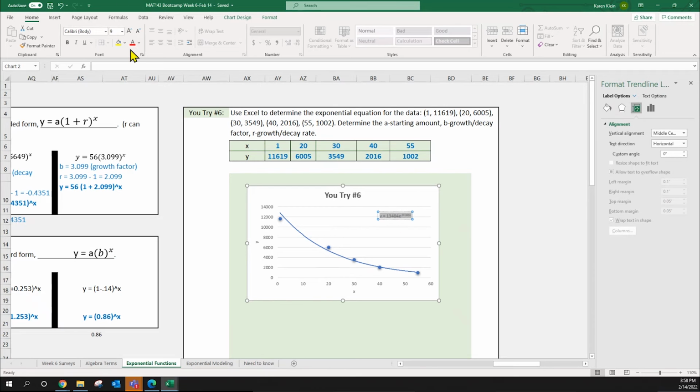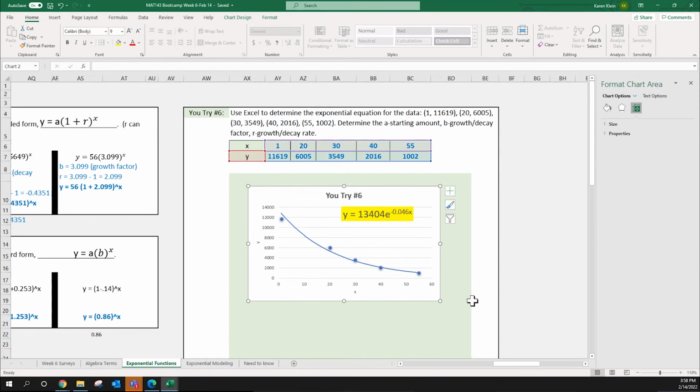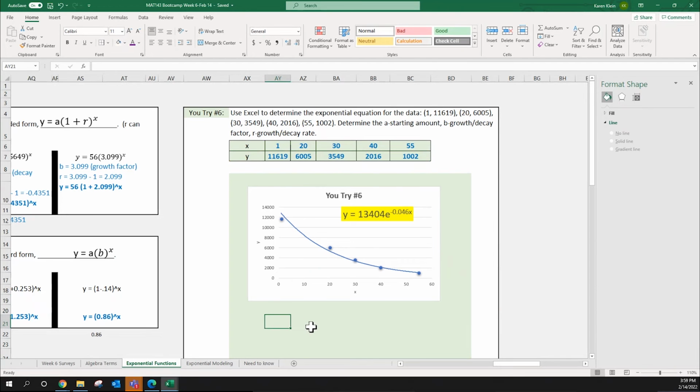Let's just make it bigger for us to see. And now we have our equation. So we have y equals 13,404. And I'm going to explicitly write out my e. So I have e raised to the power negative 0.046, and then that's raised to the power x.